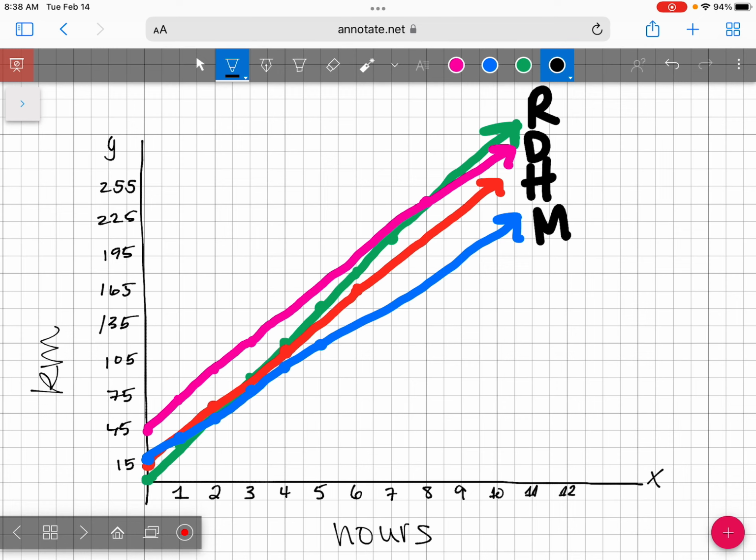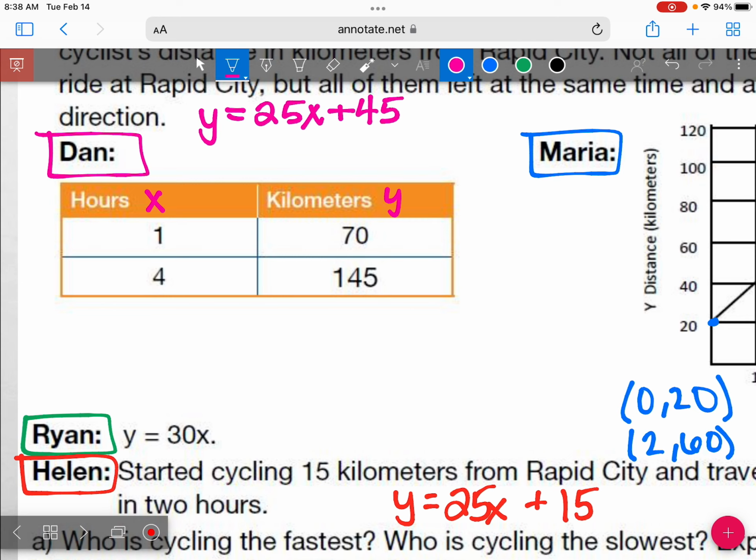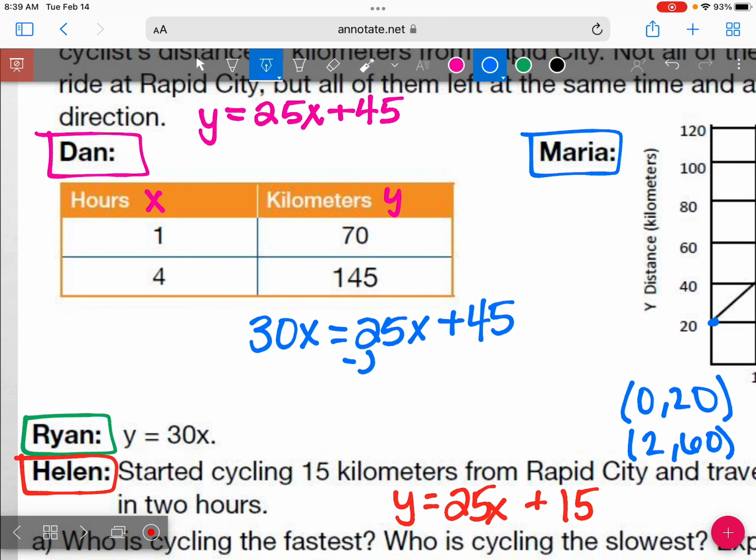So knowing our exact equations, Ryan and Dan's, we have y equals 30x and y equals 25x plus 45. What can we do to solve for the exact number real quick? Substitution. So we can substitute 30x in for y, because we know that y equals 30x, and then solve.